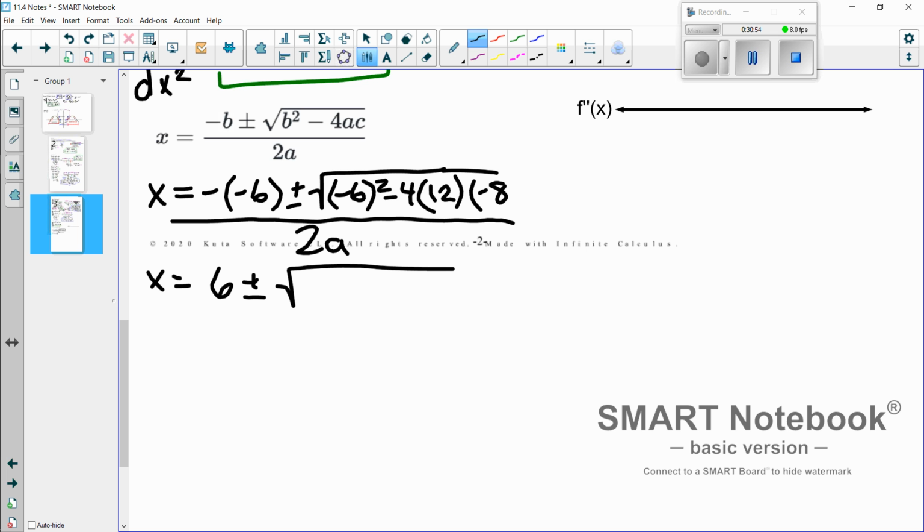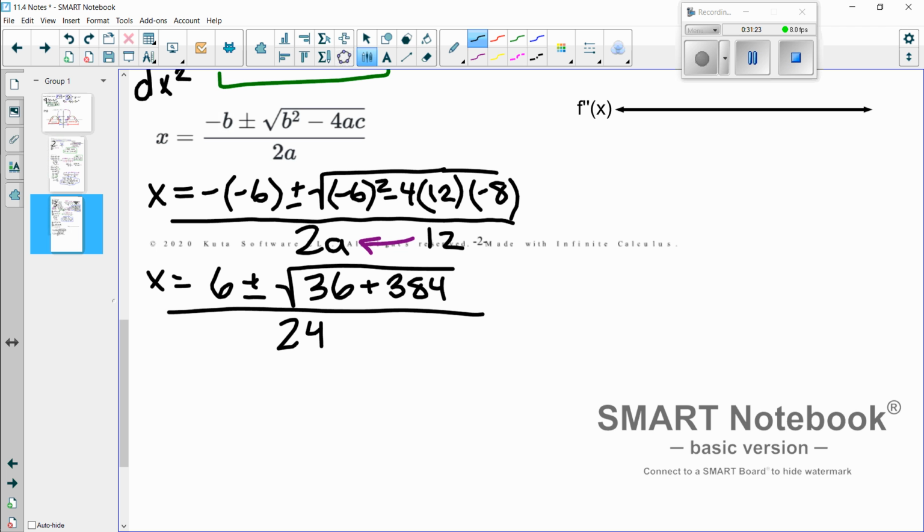If you multiply the 4, the 12, and the negative 8 out, you're going to get 384, and 36 plus that 384 is going to be 420. Let's keep going. I forgot to plug in the a here. This a is 12, so that should be a 12 there, which means we have 24 in the denominator.